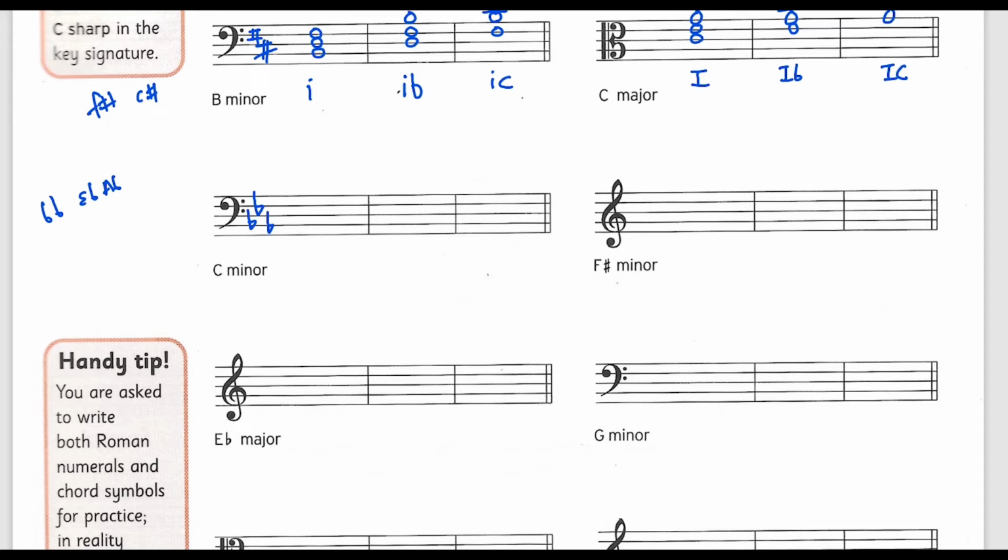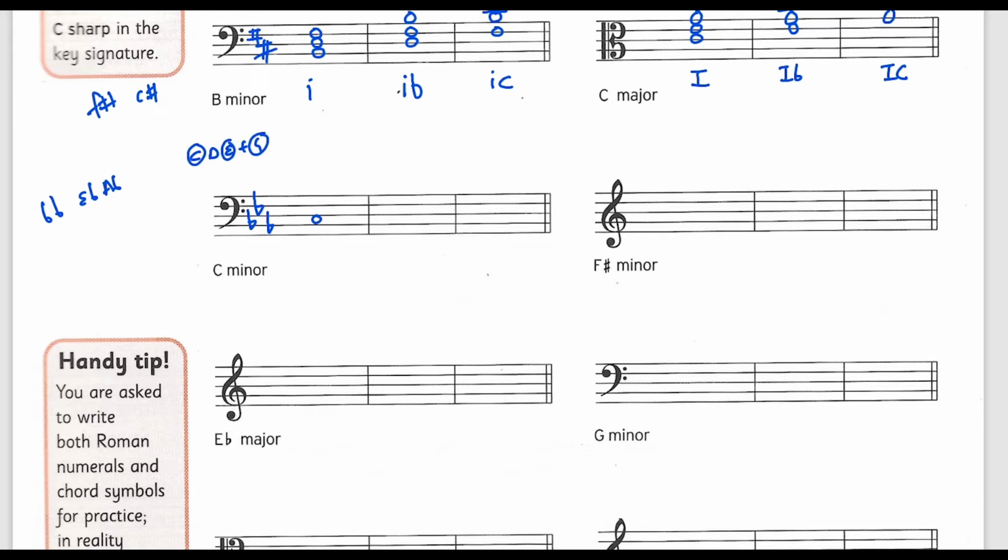Okay, let's make the chords. We start from C, so let's start from this C. This is C. So the same C, D, E, F, G. We're going to take these three notes here.